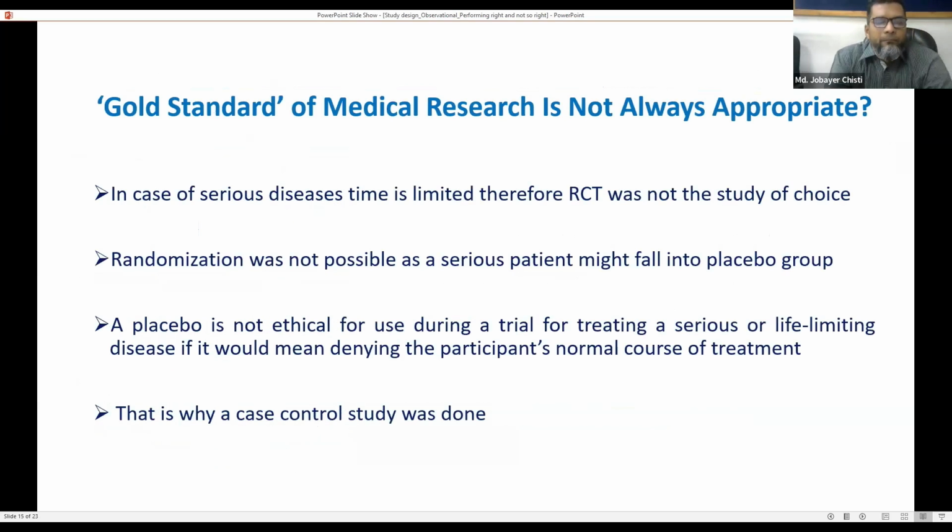And scleroderma is also not very common. It is a rare condition, but a life-threatening condition. In that case, a randomized trial might also not be feasible from the perspective of enrollment of an adequate number of patients.